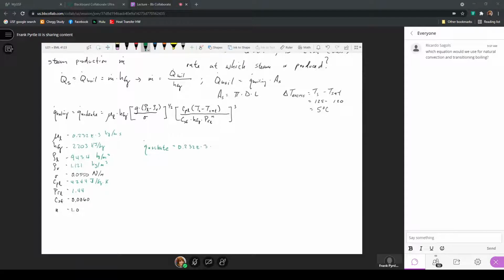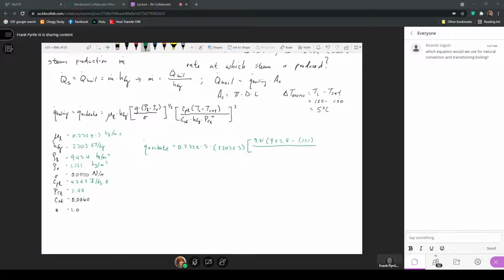The latent heat of vaporization is in kilojoules, so we want to get that to basic units. So this will be 2,203 times 10 to the 3 to make that joules per kilogram. Use a gravitational constant of 9.81 meters per second squared times this density difference. These are already in kilograms per cubic meter, so 943.4 minus 1.121.